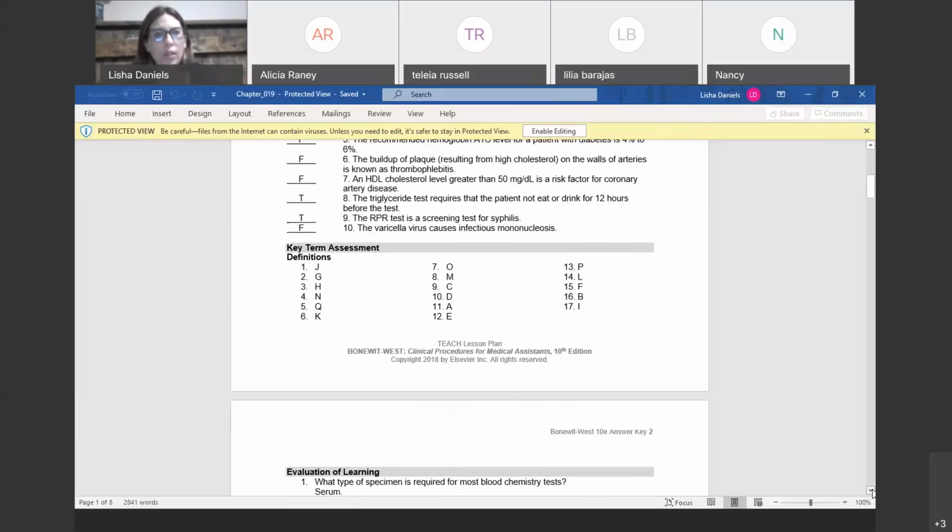Term: 2 is G, 4 is N, 6 is K, 8 is M, 10 is D, 12 is E, 14 is L, and 16 is B.